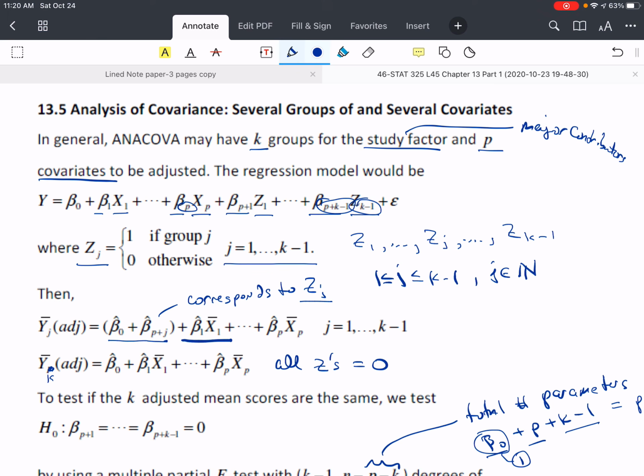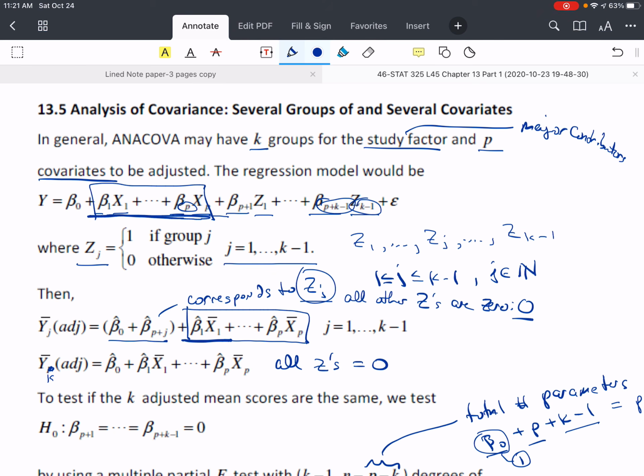In this case, z sub j would equal 1, and all of the other z's would be 0, because we're not in their group. We're just in the jth group. And so all that we'd have left are these variables, and that's what we have here. Again, j equals 1 up to k minus 1.